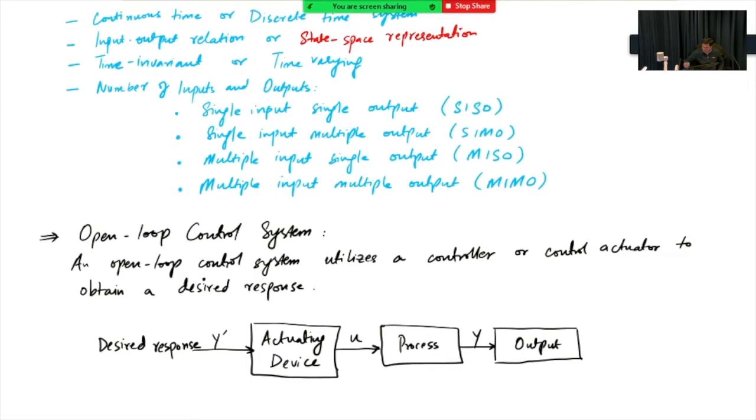Okay, so let's take an example of what an open loop controller will be.